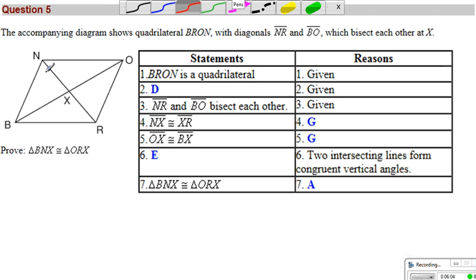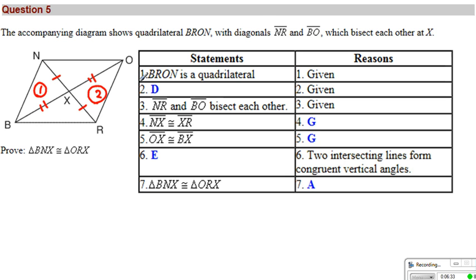First, we realize that this is a quadrilateral with diagonals given as shown, which bisect each other at X. That means this line segment will be bisected, and the other line segment will also be bisected. Now we want to show that triangle BXN, let's call it triangle number 1, and here, triangle number 2, are congruent.